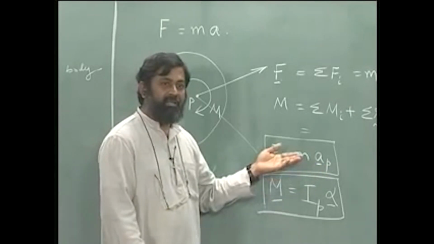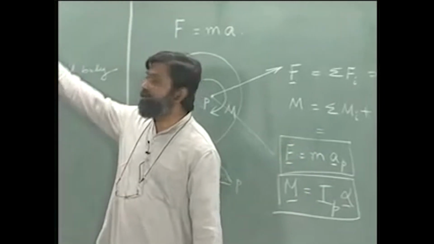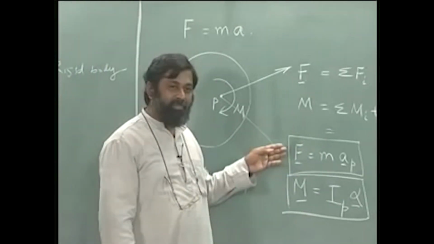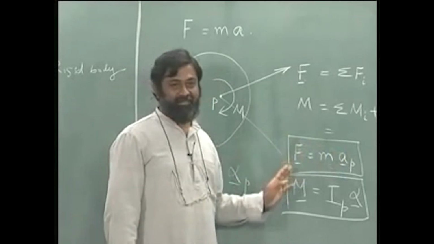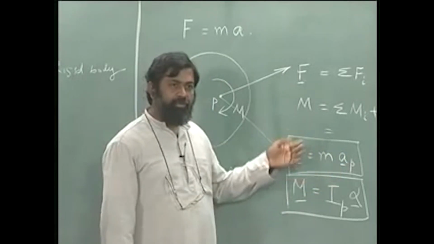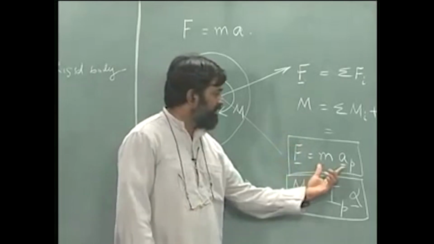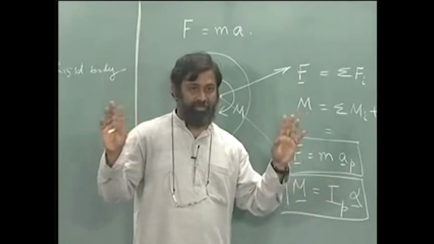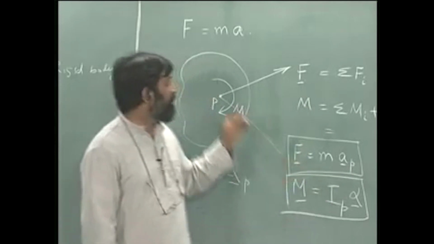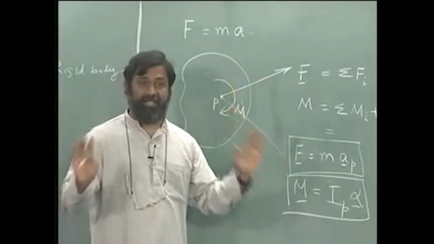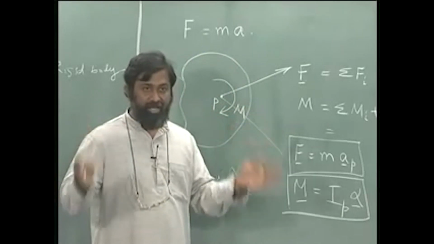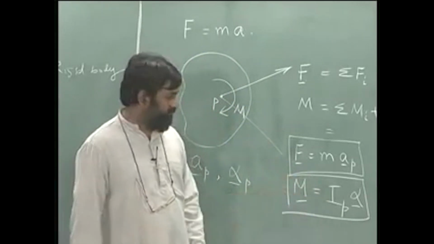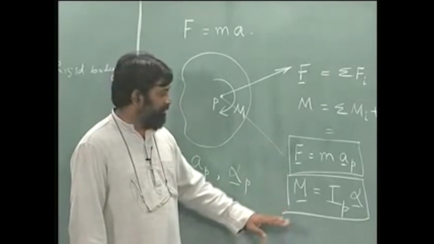So problems related to kinetics will involve unknowns on the right hand side or left hand side, and some of the literature talks about this as an inertial force. I would avoid that, I would go for F equals ma directly, because this completely defines the law that I am using. Is this clear?